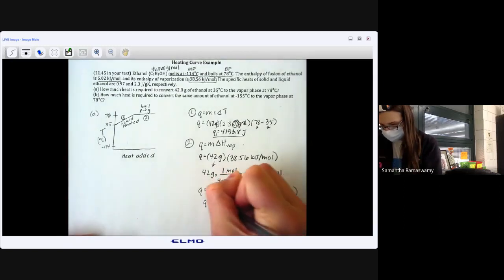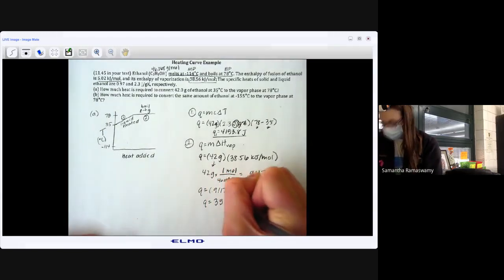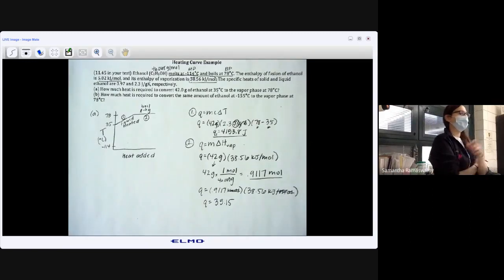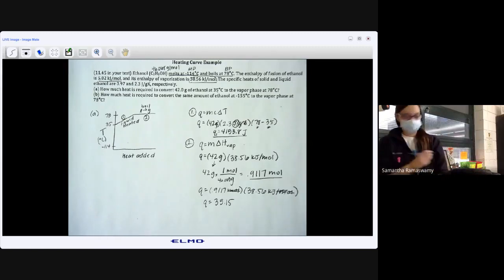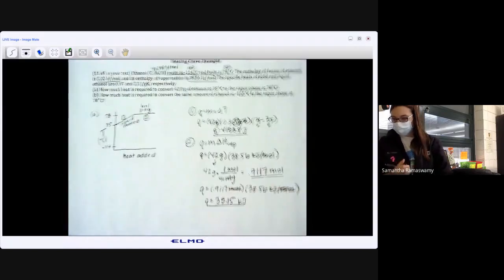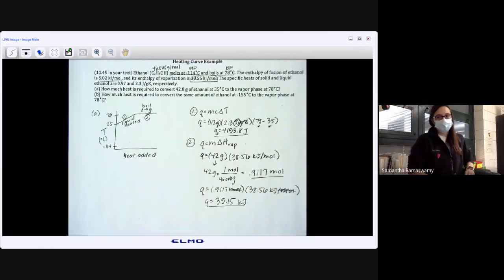Now, when I solve for Q, I get 35.15. What's the unit that we're left with for Q for area 2 on the curve? Kilojoules. So if I want to add these up, Q1 is in joules, Q2 is in kilojoules.